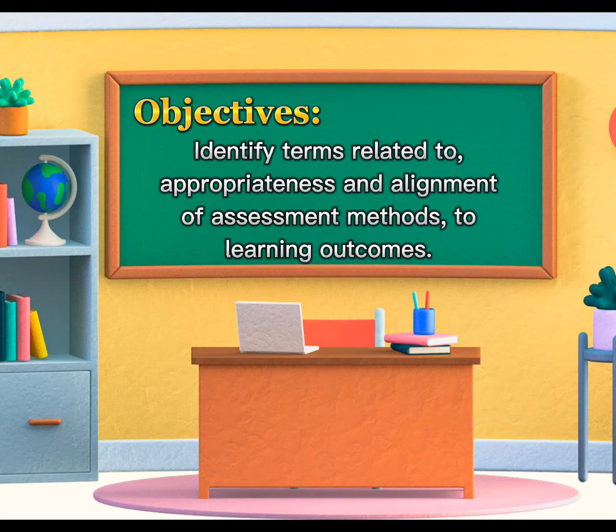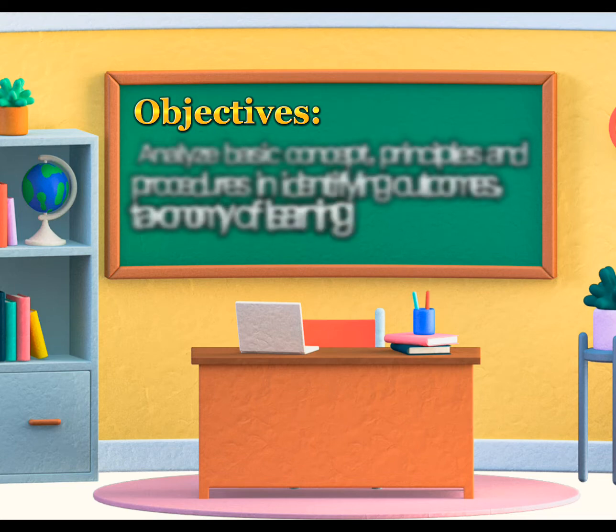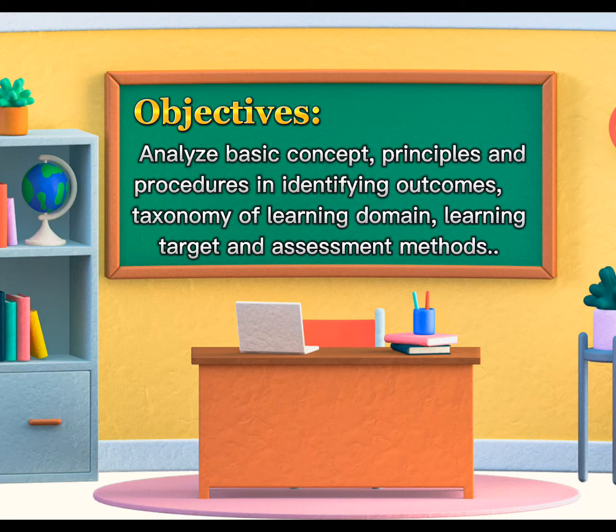Identify terms related to appropriateness and alignment of assessment methods to learning outcomes. And the last one, analyze basic concepts, principles, and procedures in identifying learning outcomes, taxonomy of learning domains, and learning targets and assessment methods.